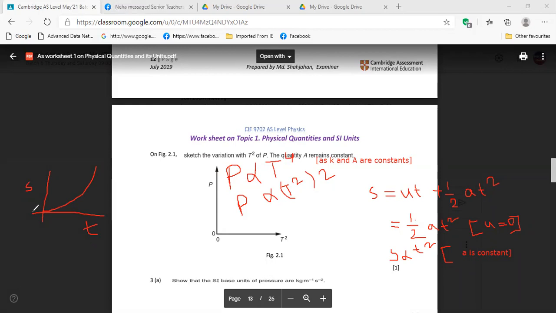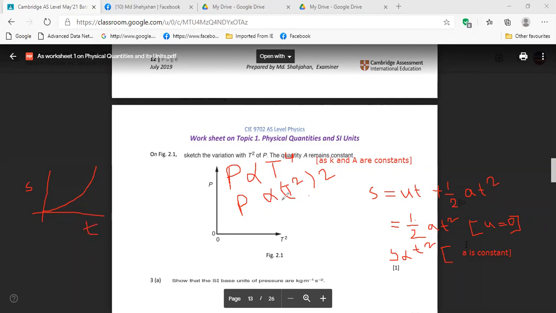If it is constant speed, then it will be a straight line. If it is stationary, it will be a horizontal straight line, isn't it? This way you got it. And look at this. Please try to understand. Here the variable is t square, and there the variable was t only.